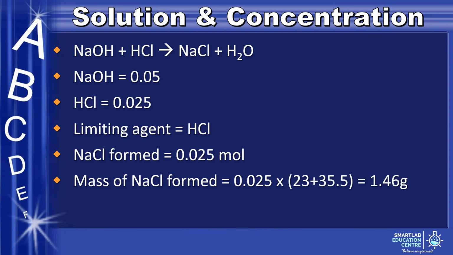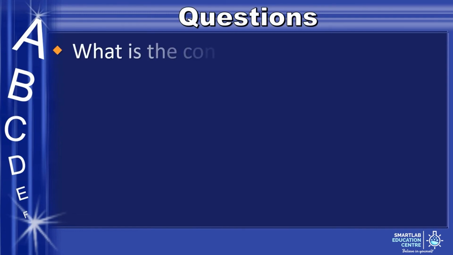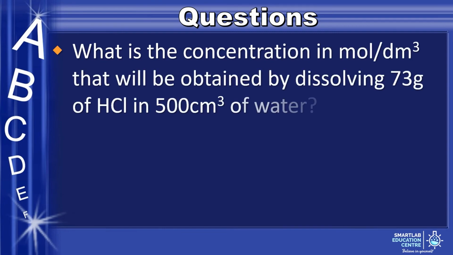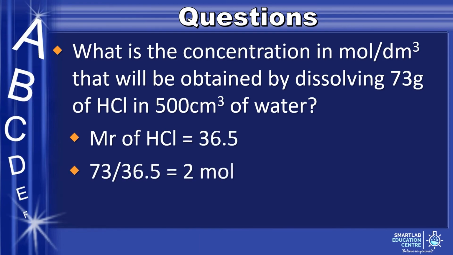Another question will be what is the concentration in mole per dm cube that will be obtained by dissolving 73 grams of hydrogen chloride in 500 centimeters cube. Since the Mr of hydrogen chloride is 36.5, the number of moles of HCl is 2, and therefore the concentration will be 4 moles per dm cube.